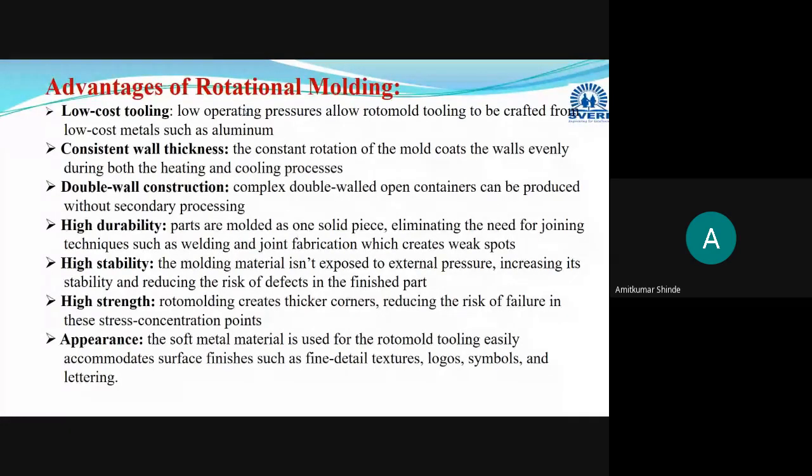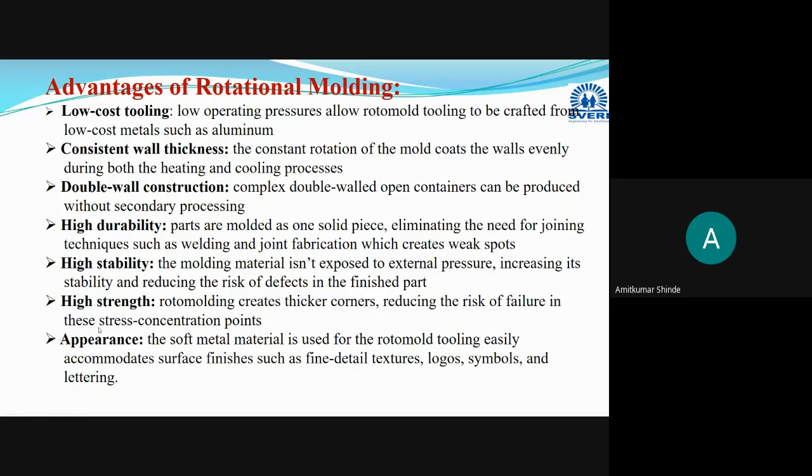Due to that, you can give a very good or attractive appearance to these components. So these are the advantages: low cost of tooling, consistent or uniform wall thickness, double walled open containers can also be manufactured. Whichever products are manufactured will provide high durability, high stability, high strength, and very good appearance.